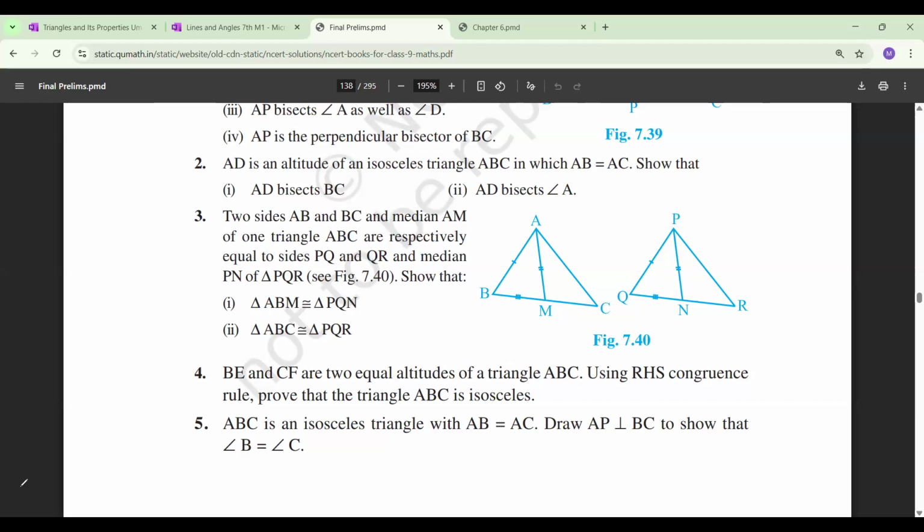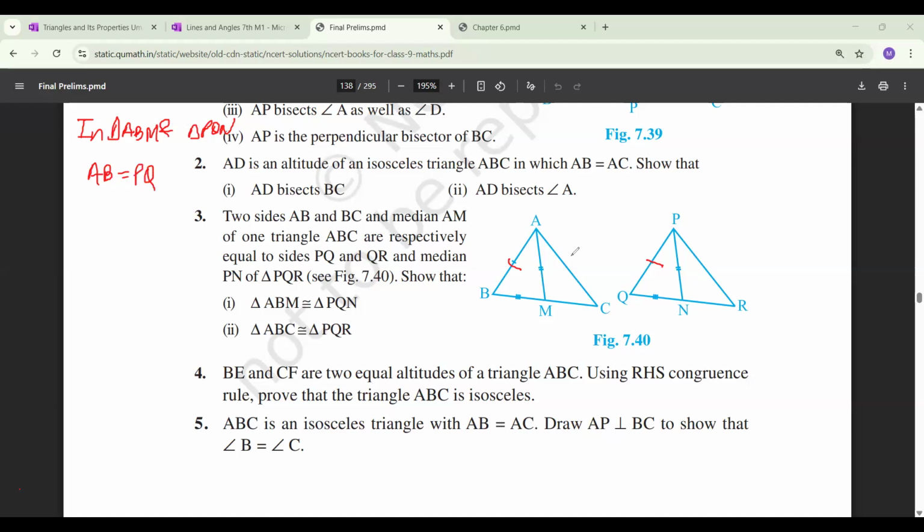They are saying in these two triangles, AB is equal to PQ, in triangle ABM and triangle PQN, right? AB is equal to PQ. This is given.